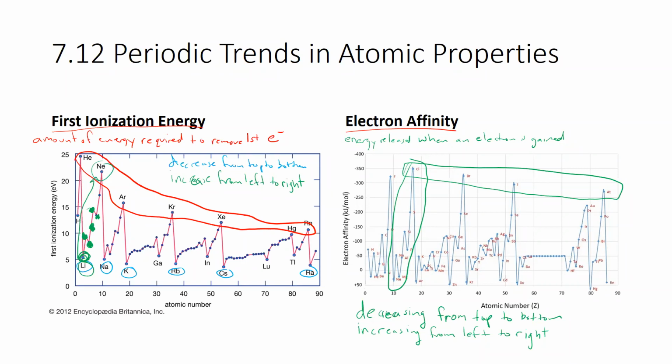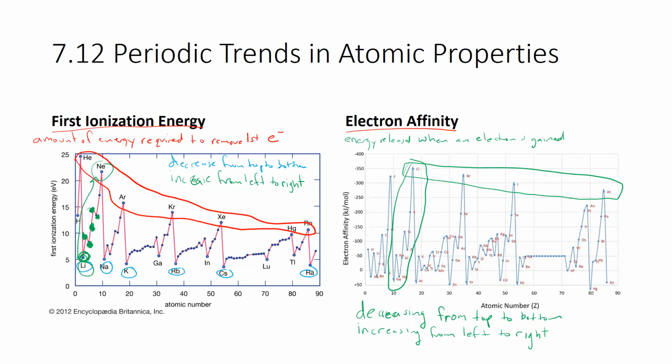Essentially, how much do the atoms want the electrons? That's related to the pull of those electrons and the size of the atoms. So the overall trend shows an increase from left to right, a decrease from top to bottom, or you could say an increase from bottom to top. We'll look at this a little bit more as we put all of these trends together in a minute, okay?